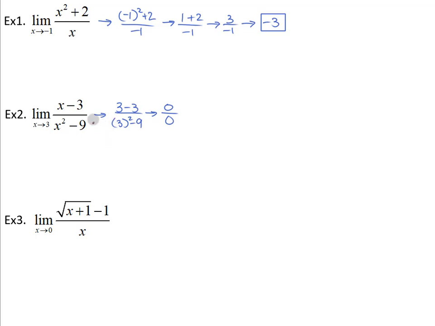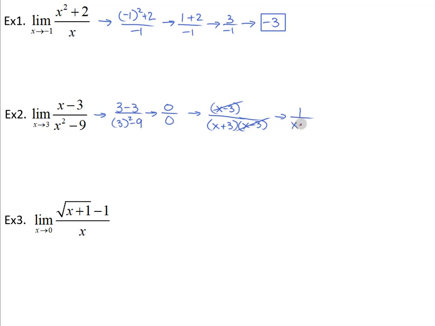But looking at this bottom, hopefully you guys recognize from Algebra 2, this is your difference of squares. So what we're going to do is factor. Now I can't do much with the top, but I can think of it as its own factor. And the bottom is the difference of squares, x plus 3 times x minus 3. And we'll note that we can cancel out the common factor x minus 3.